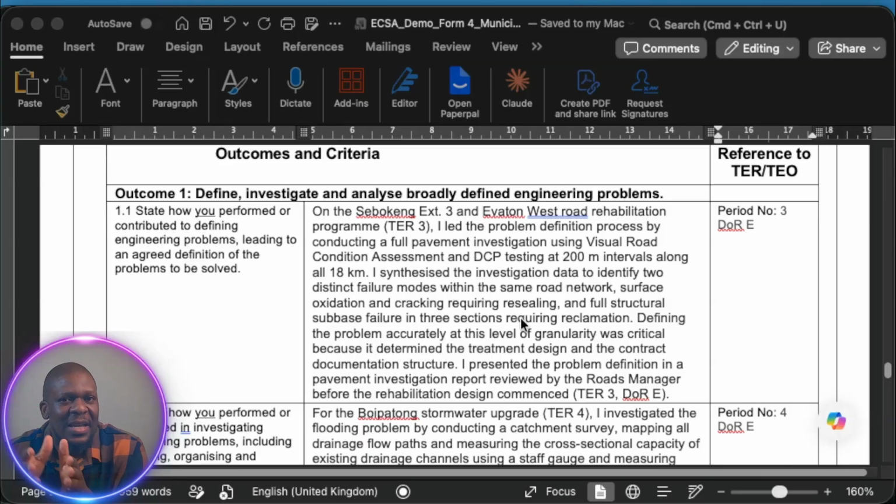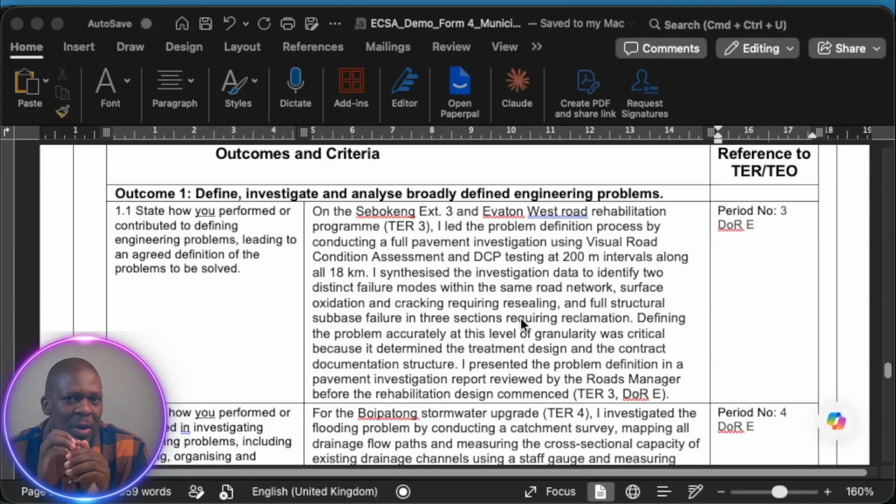I presented the problem definition in the pavement investigation report, reviewed by my road manager or someone who is an experienced person before performing a rehabilitation.